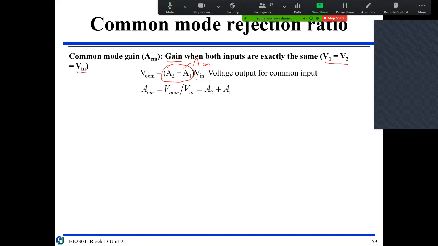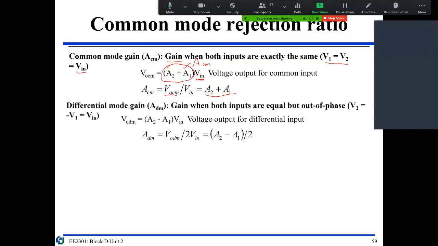So that's called common mode. In other words, my output due to V in is written as a common mode amplification. So this is A1 plus A2. You have the same, you add them together.